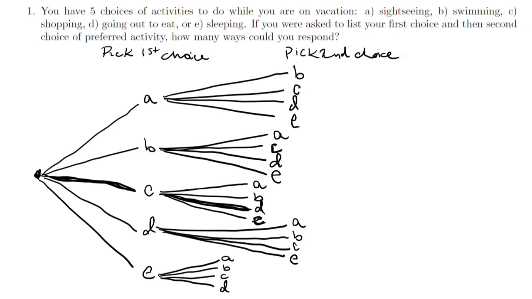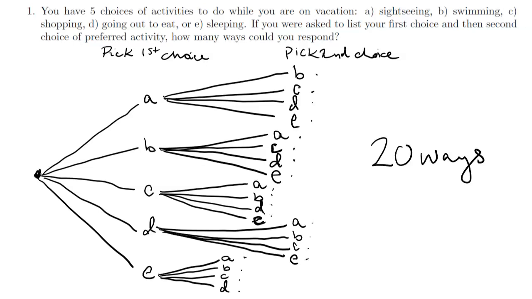Those are my 2 preference choices. So if we count these, we've got 1, 2, 3, 4, 5, 6, 7, 8, 9, 10, 11, 12, 13, 14, 15, 16, 17, 18, 19, 20. 20 different possibilities. So there are 20 ways to respond.